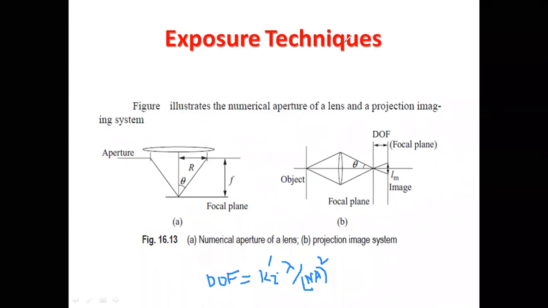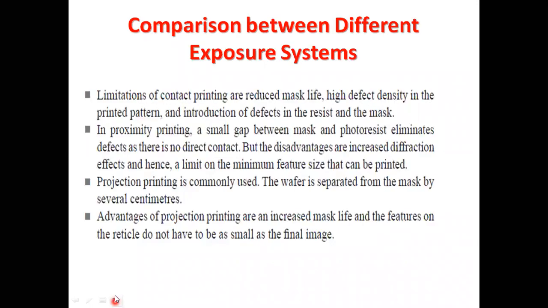So let us move to the next slide. Next is the comparison between different exposure systems. First one is limitations of the contact printing are reduced mask life, high defect density in the printed pattern, and interaction of defects in the resist and the mask.